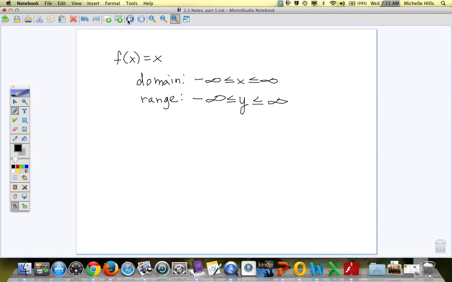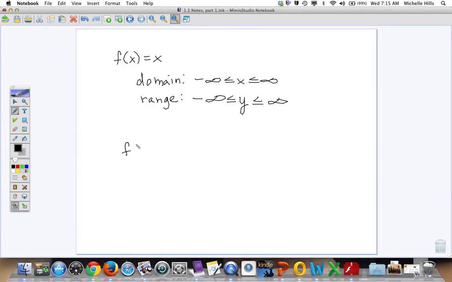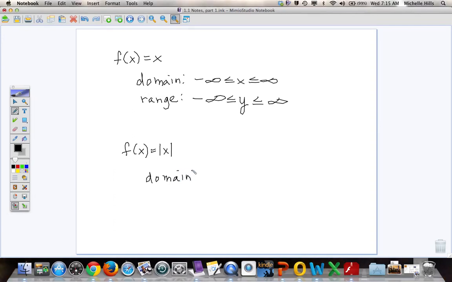If I look back at the absolute value function instead, yes, it extends forever left and right for x, but it never goes below 0 for y. So if I look at f of x equals the absolute value of x, that parent function, my domain, and yes, I need to label which one's which, is still negative infinity is less than or equal to x is less than or equal to positive infinity.